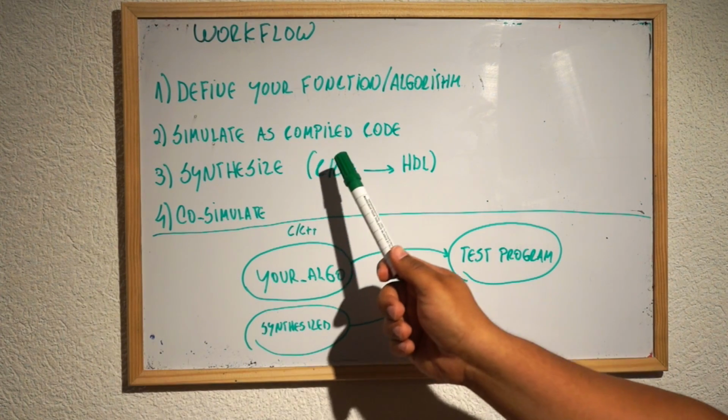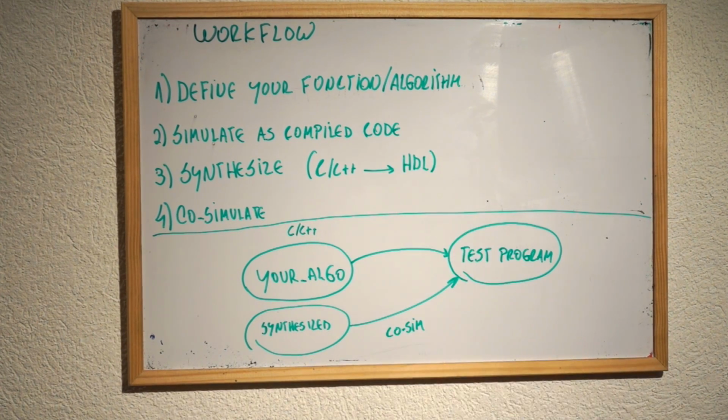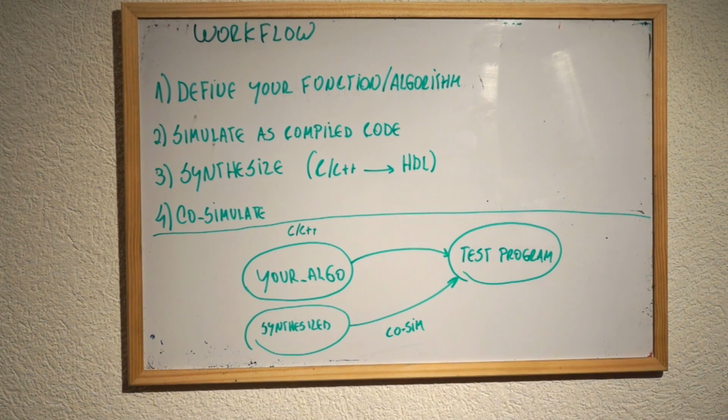You simulate your algorithm as compiled code, which simply compiles your algorithm on your computer and executes it as an executable on your computer, okay? Third step, you synthesize. You're going to convert your algorithm from C to an HDL language, okay?